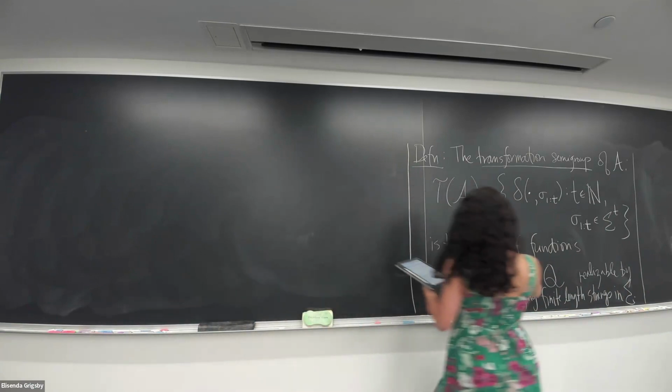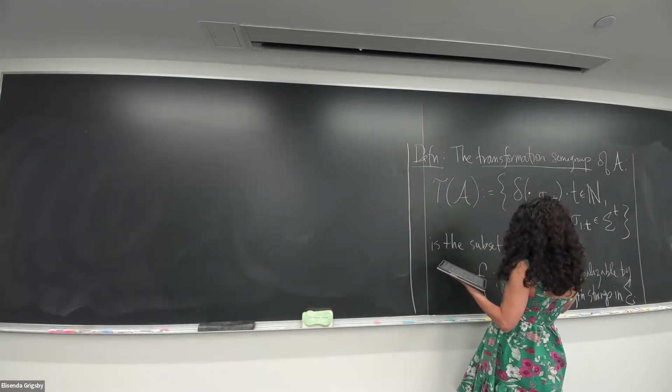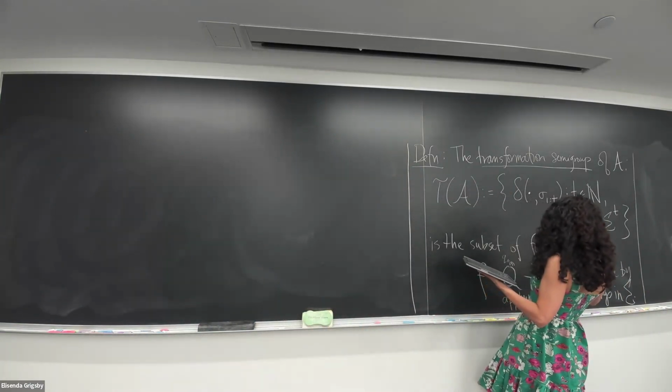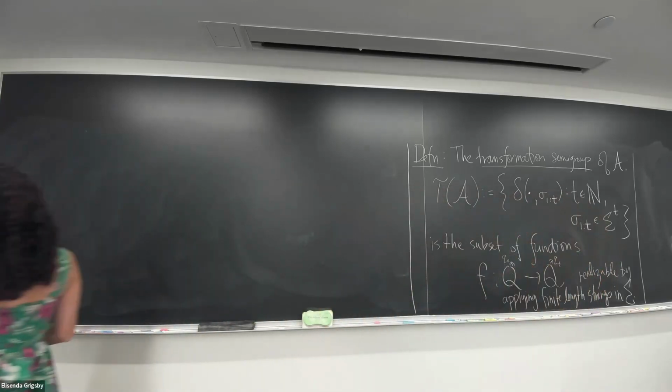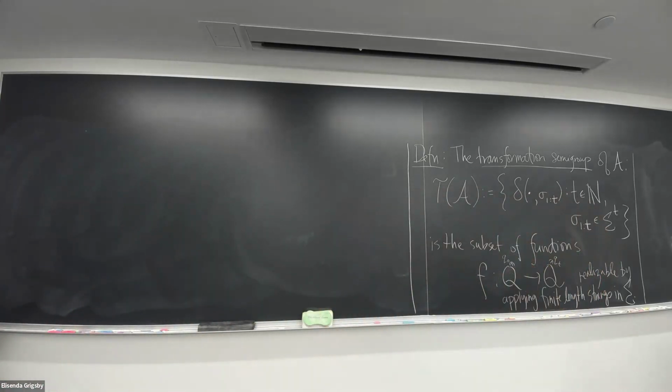So F maps Q0 to QT. So yeah, let me just make some remarks.